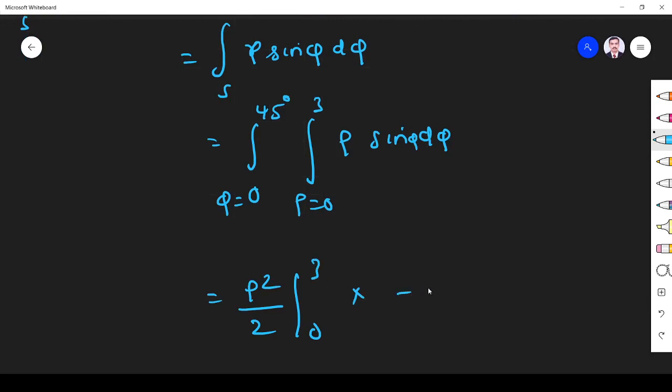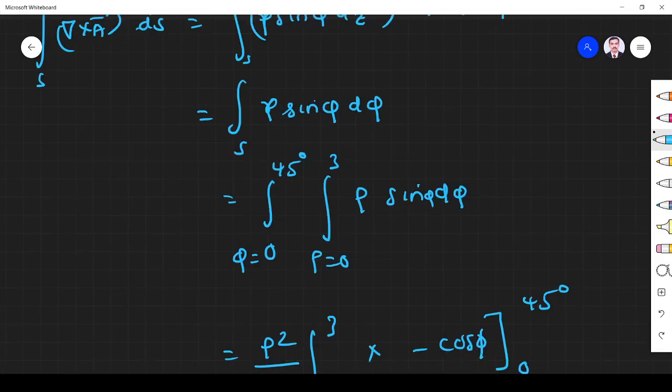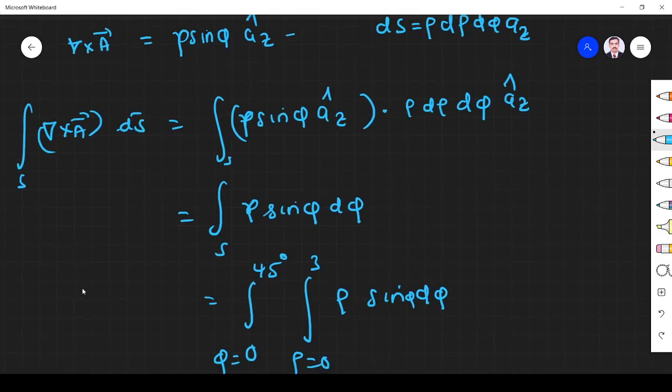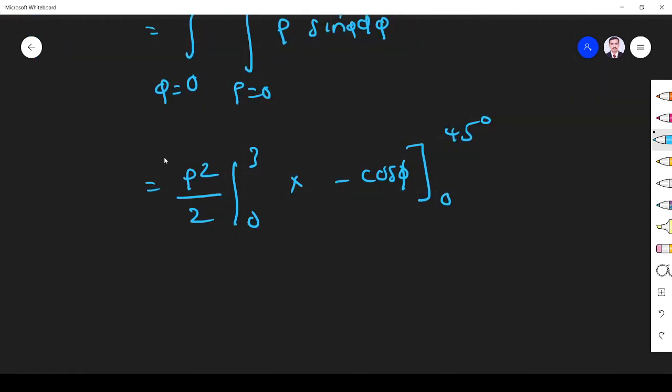And the integral of sin phi is minus cos phi, from 0 to 45 degree.